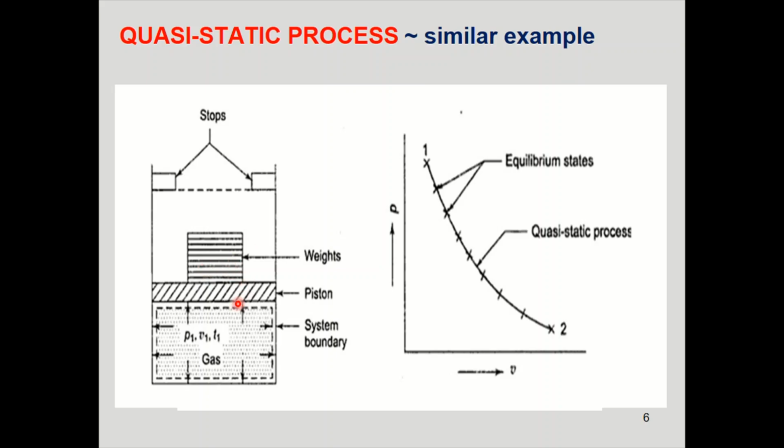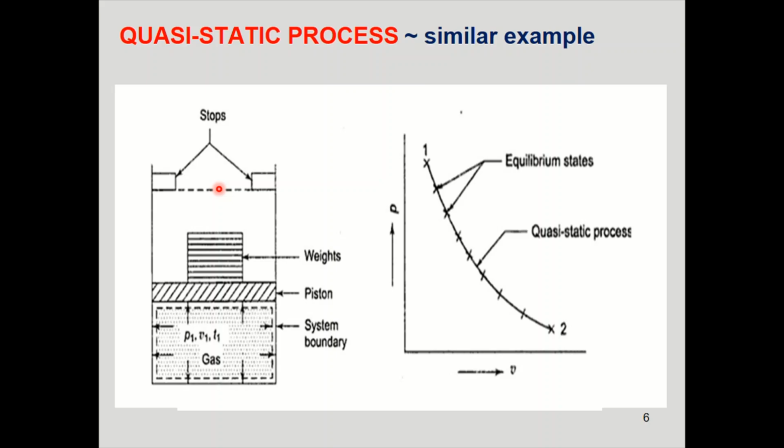Because of that withdrawal, the piston will move up, but that movement is very small, as if the system is almost in a static condition. So this is a quasi-static process. Very slowly the piston will move up, and finally when all the weights are withdrawn, it will reach here. So that process is very slow.